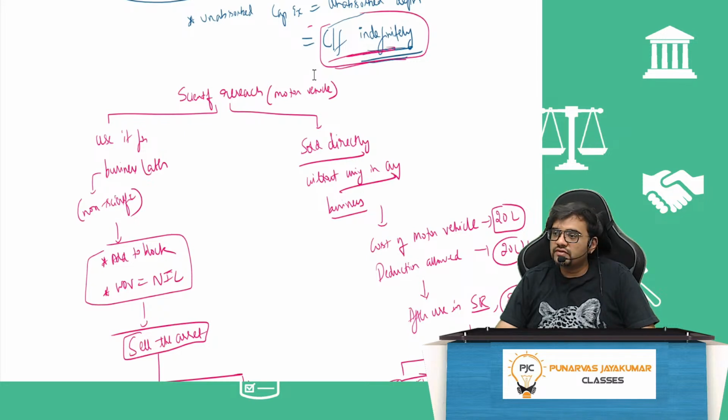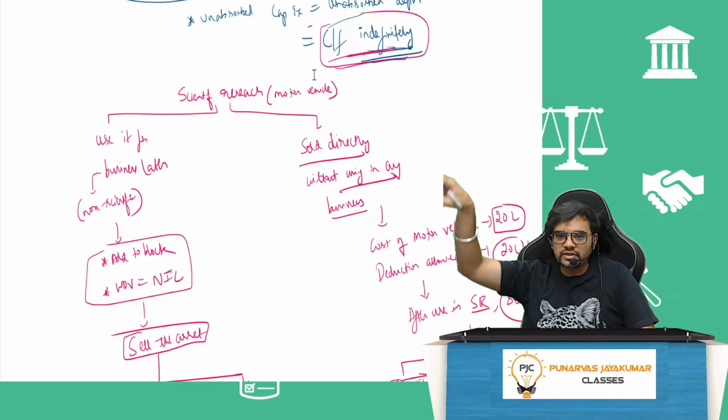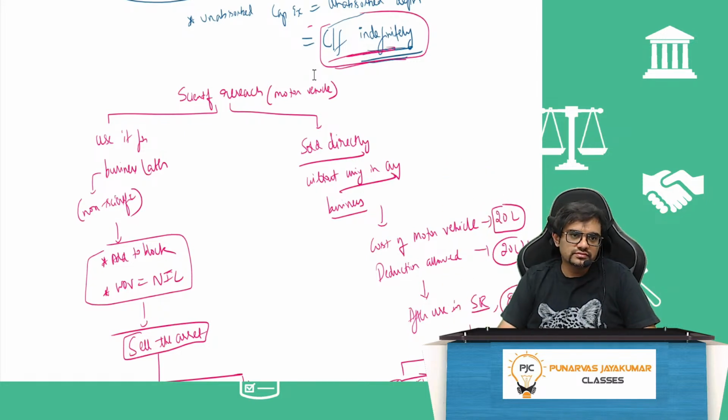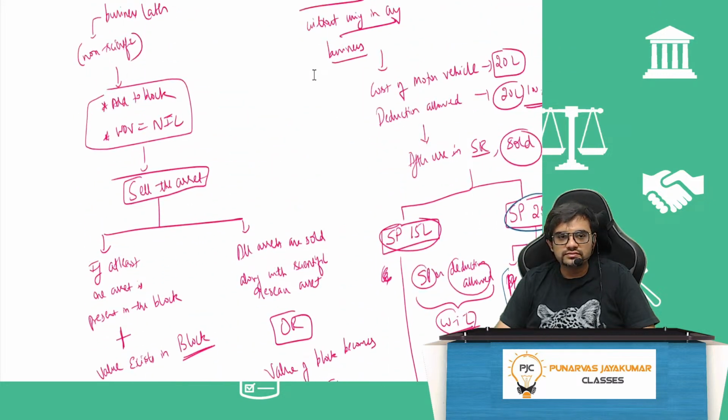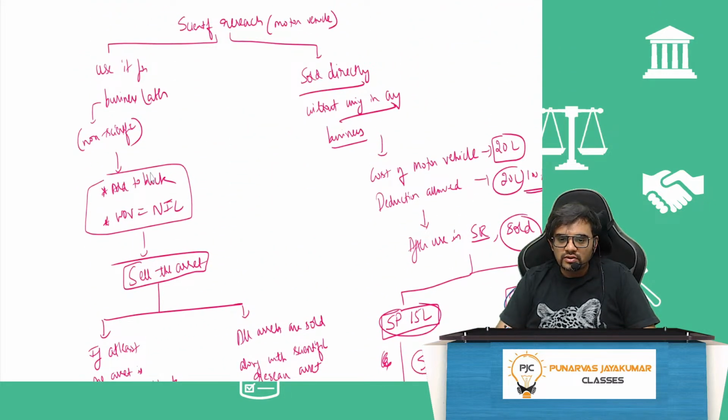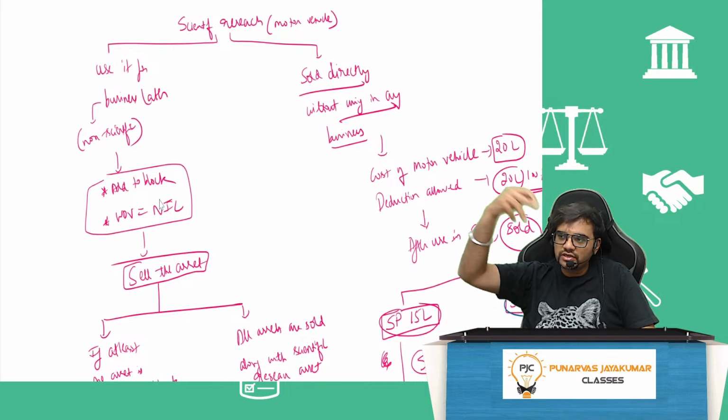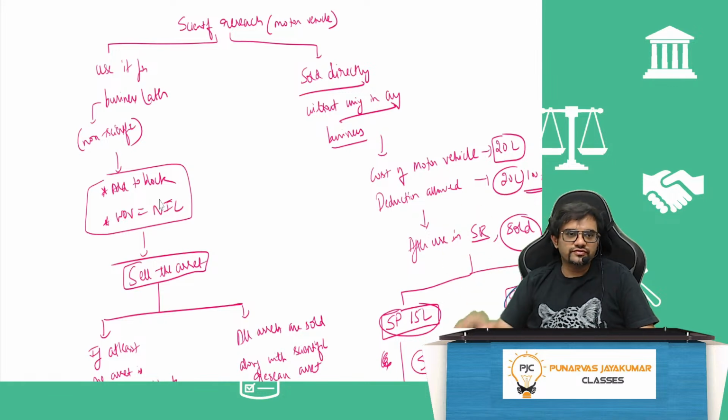Second, I will bring it into my business and then sell it off. Tell me one thing, when I am bringing it into business, what will be my actual cost? Nil, we have already seen. So I will add it to the block of assets, WDV will be nil. After bringing it into my business, then I will sell it off.